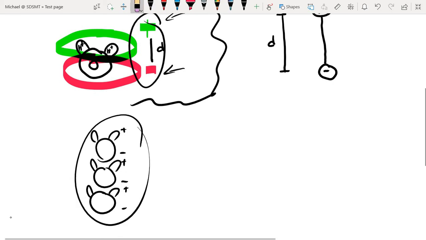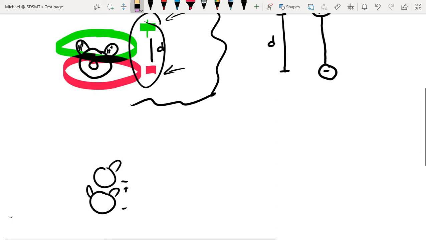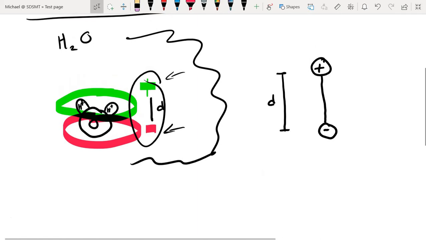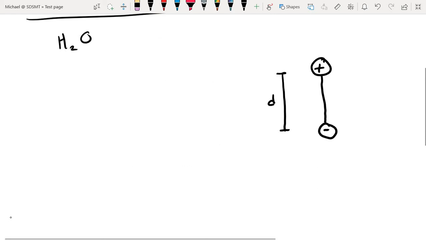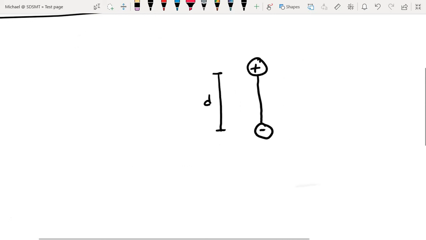But because so many molecules out there do behave as dipoles, that behavior can affect how the chemistry of the system plays out.